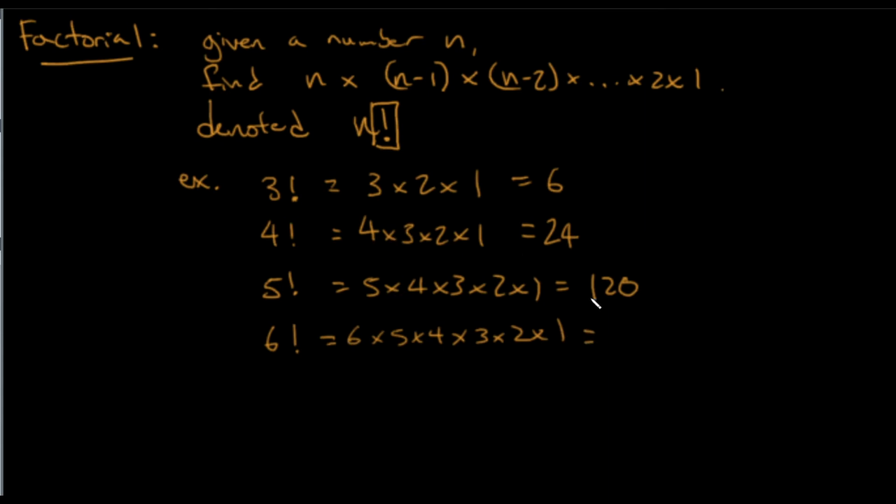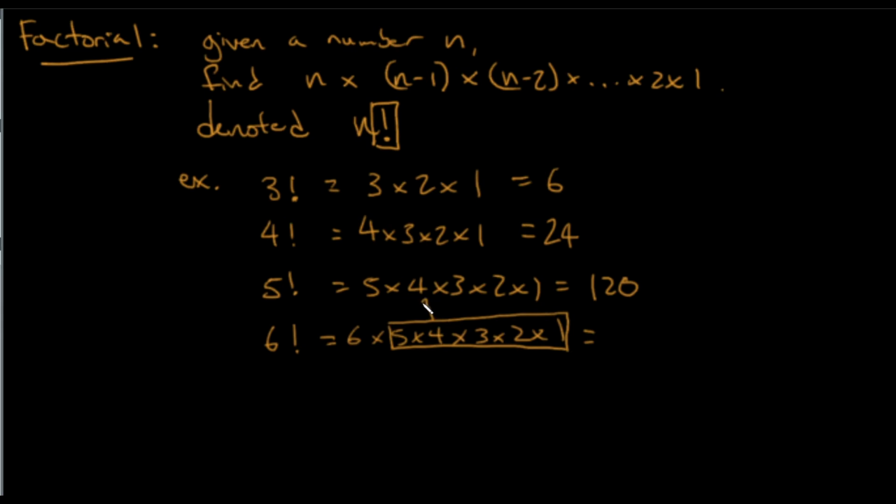But I think one thing you guys might be noticing is that if I started doing 2 times 3 times 4 times 5, well, we've already solved this problem here. In fact, it would be pretty wasteful for me to calculate this from scratch again when we've already solved this problem right here. Right?